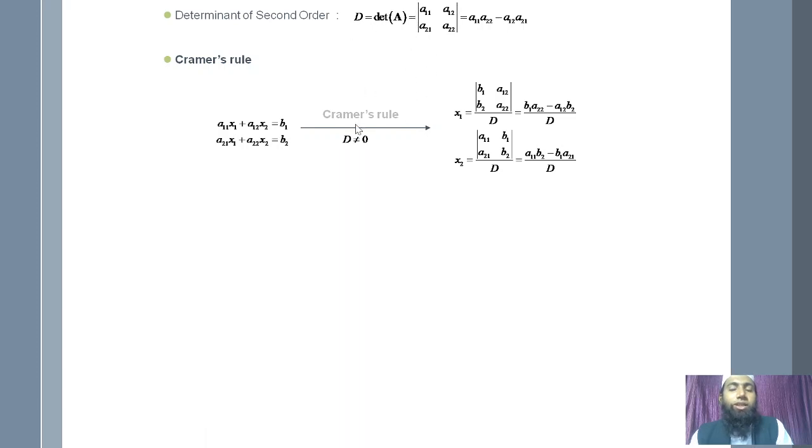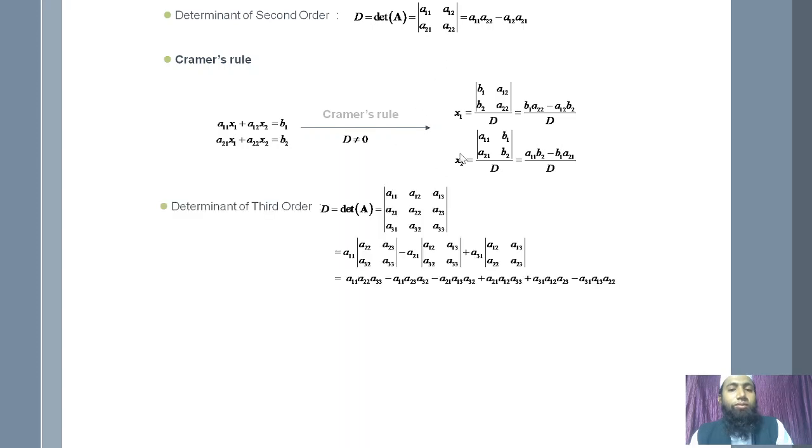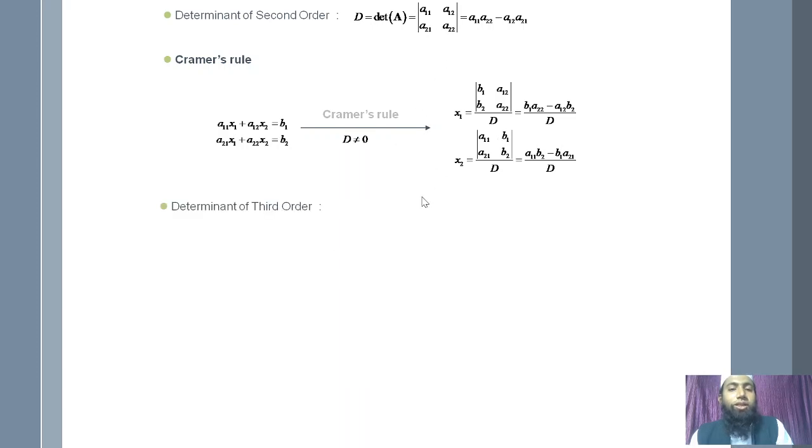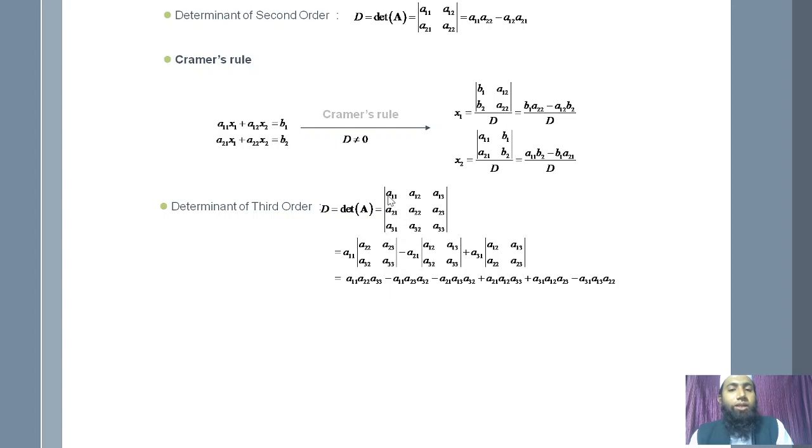Similarly, for the third order or three equations, if we have determinant of order 3 by 3, then how to calculate? See, determinant of order 3 by 3, what we are doing, we are taking this a11 and skipping this row and skipping this column.